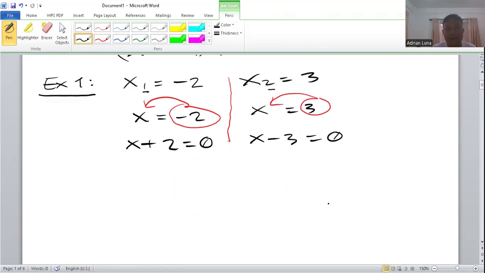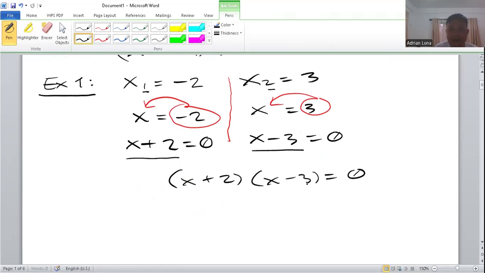And our next step is we're going to lagay lang natin siya sa parenthesis, x plus 2 and x minus 3, equate natin sa 0, then perform FOIL method, and that would be x times x, that would be x squared, x times -3 minus 3x, 2 times x, that would be positive 2x, and 2 times -3, that would be -6, is equal to 0.